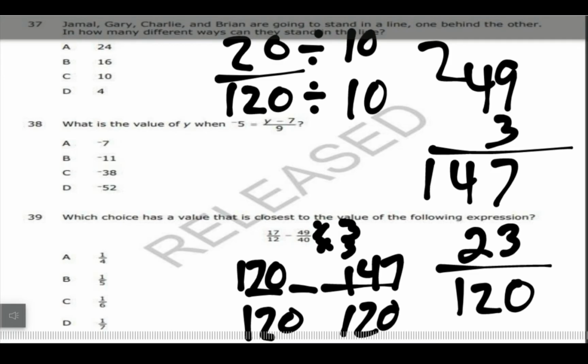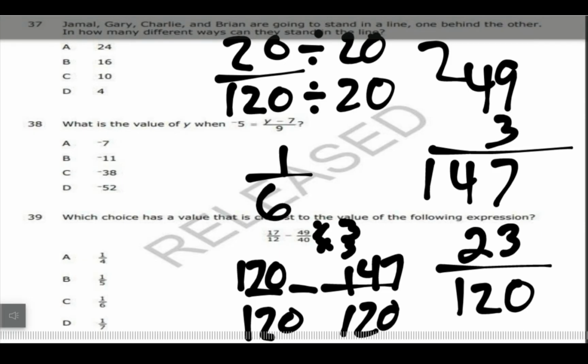Even more, I can do 20. So I can divide both of these by 20. 20 divided by 20 is 1, and 120 divided by 20 is 6. So it's closest to 1/6. I kind of got to round to get a close answer. So it would be 1/6.